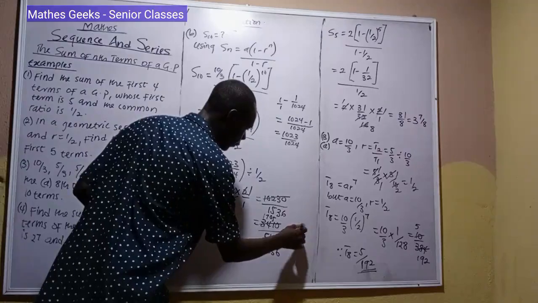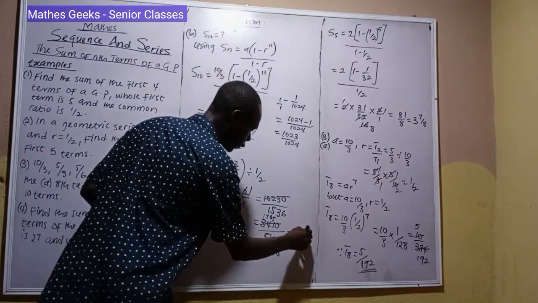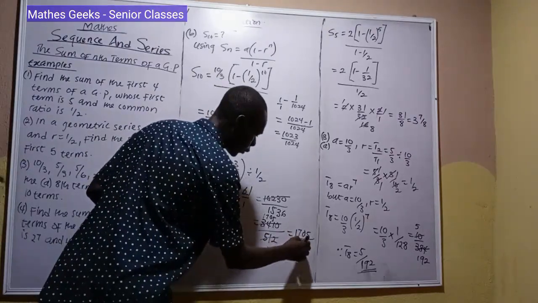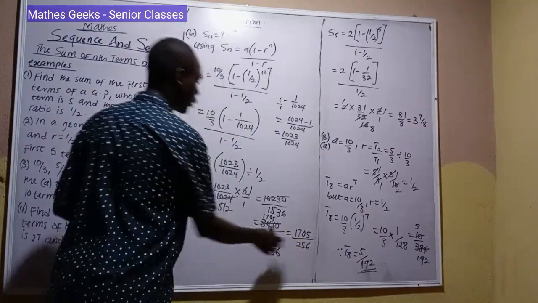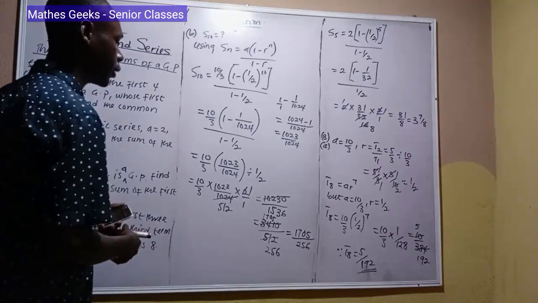The final answer is 1705 divided by 256. So this is the sum of the first 10 terms of the GP.